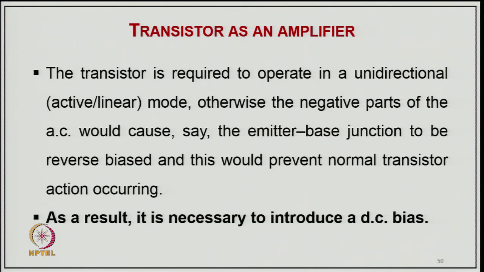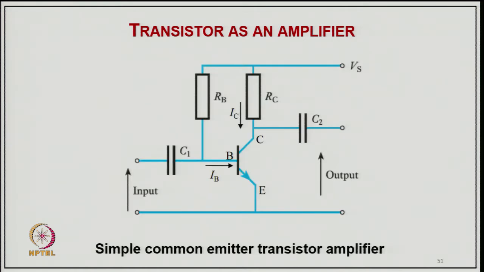The transistor is required to operate unidirectionally, which is important, as we mentioned, to bring it into active or linear mode. Otherwise, the negative part of the AC will cause the emitter base junction to go into reverse bias, and this will prevent normal transistor action as an amplifier in the active region. As a result, it is necessary to introduce a DC bias in this transistor operating as an amplifier, because most of the signals we amplify change with respect to time, so we consider them almost like an AC signal, varying.